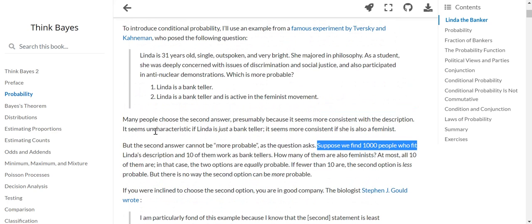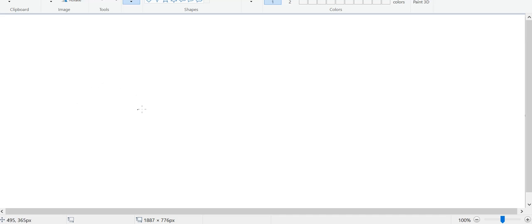Alright, okay, so I can think of a way to visualize it using the entire space of Lindas like a Venn diagram, and then you have a circle for the bank tellers. So let us just kind of draw it up.